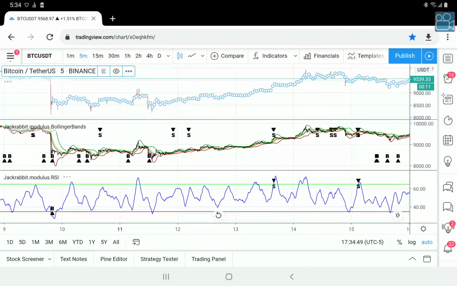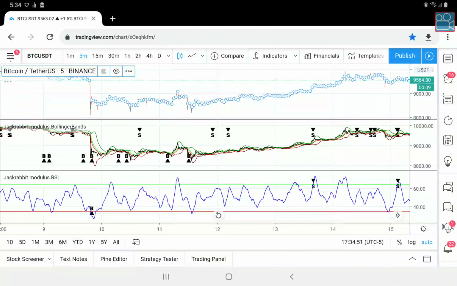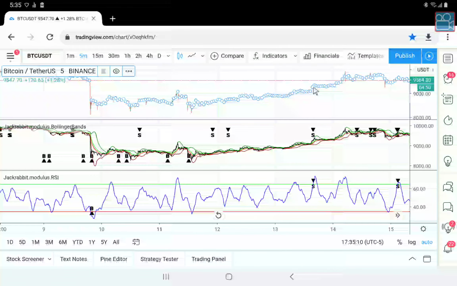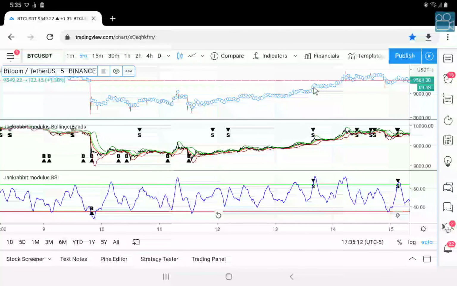So it is an important thing to remember when you're looking at when you purchase versus when you sell, that these kind of combinations are meant deliberately to weaken or lower the number of entry points into the market to maximize the profits as much as possible.